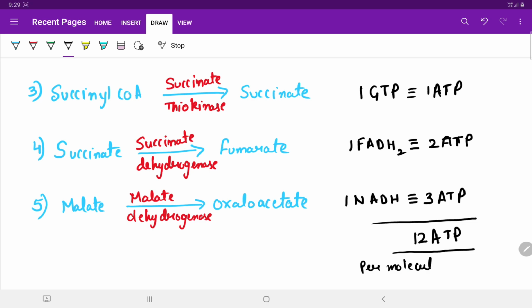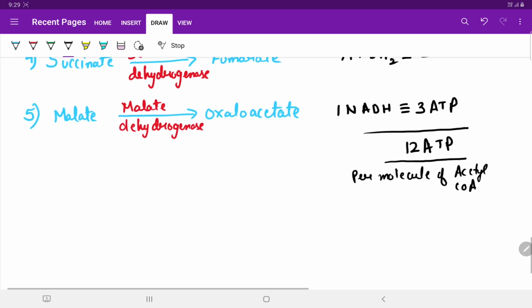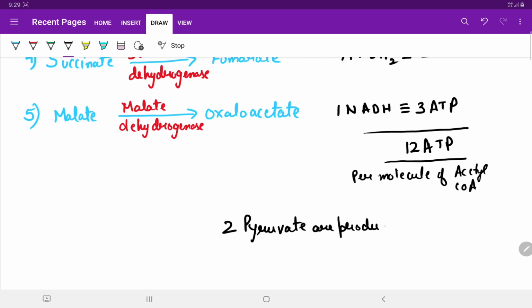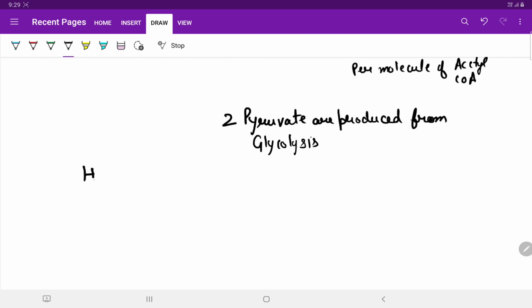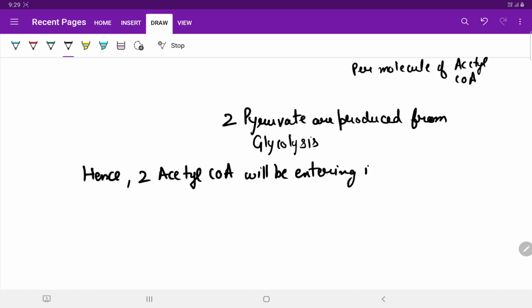So as we know that a total of 2 pyruvate are produced from glycolysis. Hence 2 acetyl coenzyme A will be entering into TCA cycle simultaneously.